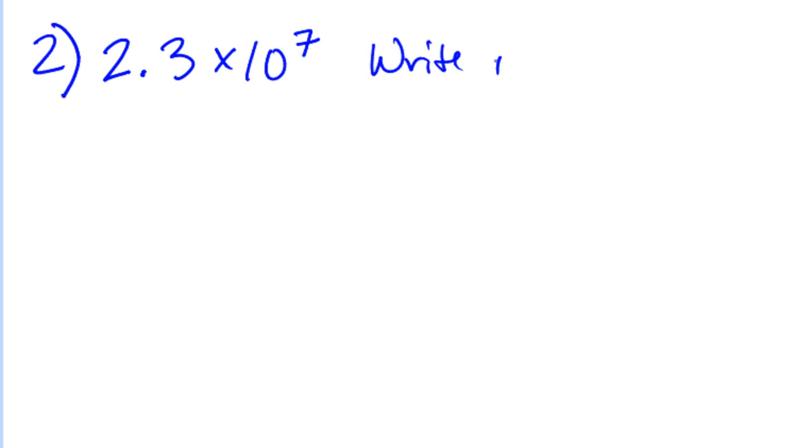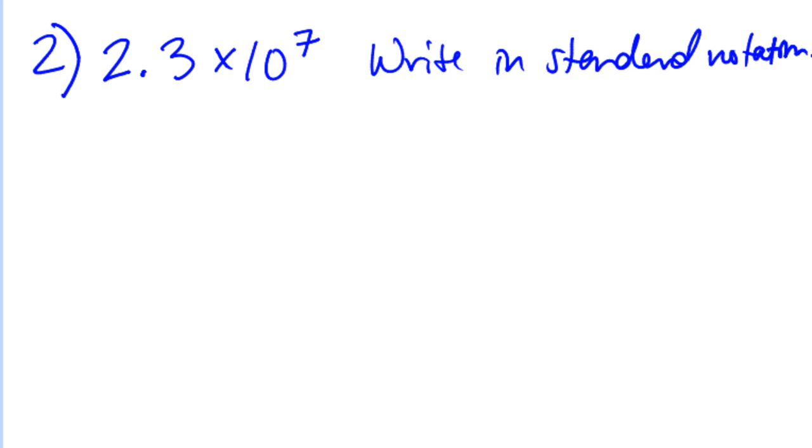What if we wanted to take 2.3 times 10 to the 7th power, and we wanted to write this in standard notation? In other words, we want to write it as a regular old number. Well, we're going to do the same thing we did here.